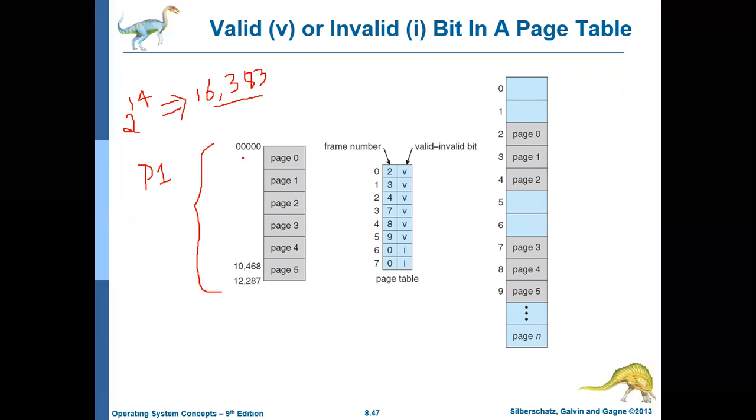So that particular process can access only up to 0 to 10,468 locations. It is allowed to access only this many locations. It cannot access beyond this, right?